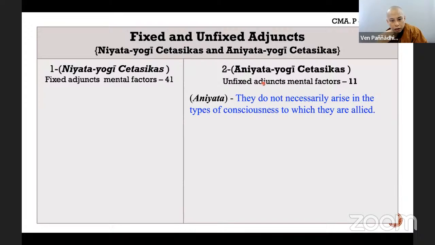Although they can associate with the same consciousness, they do not come together because they have different natures. Like the Virati cetasikas, they can associate with 16. But once one of the Viratis, the abstinence mental factors, arises at that moment, the other 2 cannot arise. So these are called aniyata because they are not fixed to the consciousness.